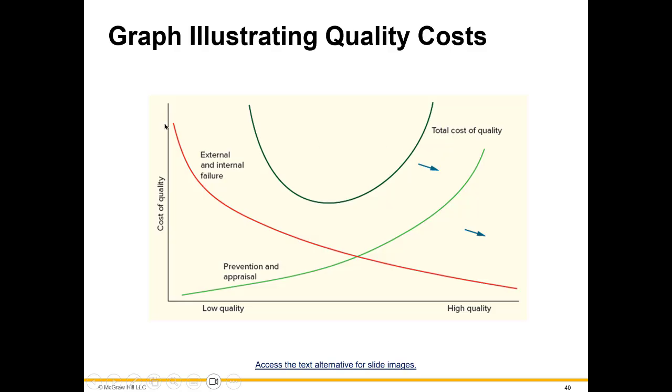But that would mean there was less external and internal failure. But there's going to be a sweet spot. So this is the combination of all costs. And so we'd like to produce somewhere down here where the trade-offs make sense and total cost of quality is smallest.